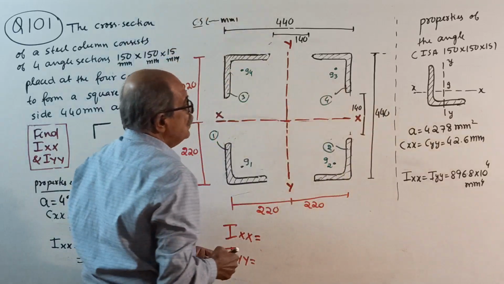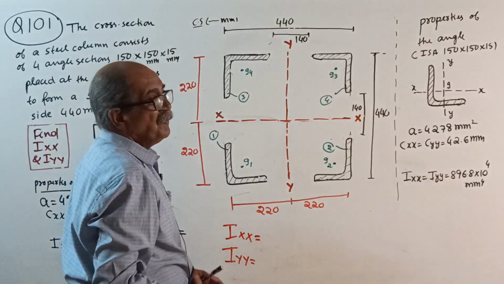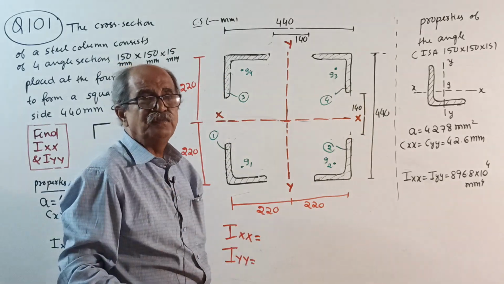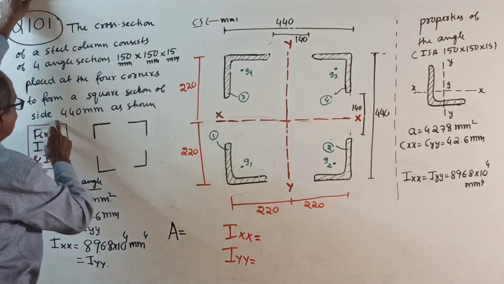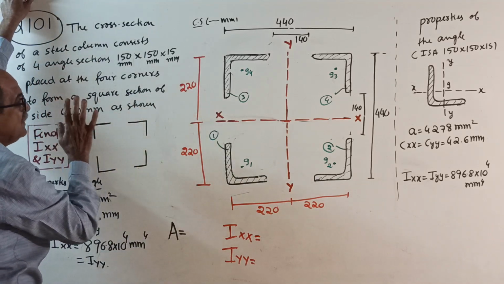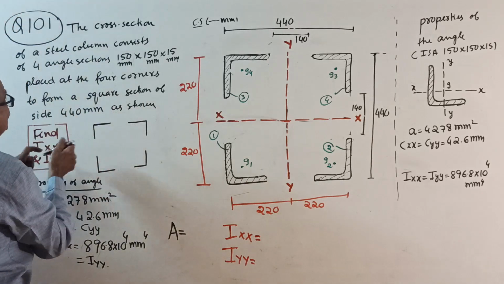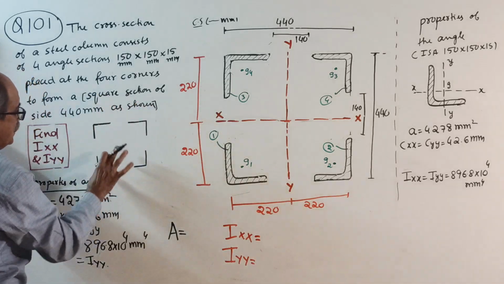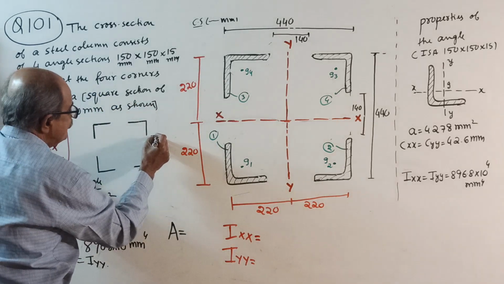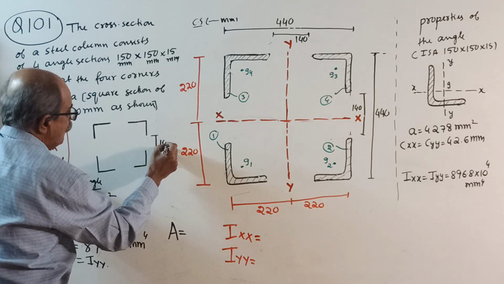Okay, now you should make a note. In the question, it is possible that instead of giving the statement to form a square section of side 440 mm, they can give the gaps in the sketch, 140, 140.